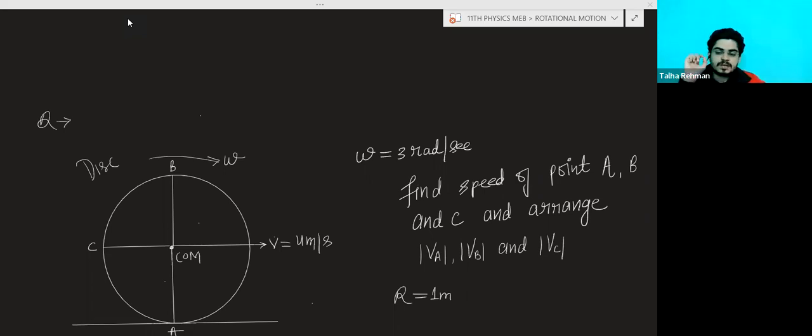Listen once more. Firstly a particle is moving 5 meter per second along north, after some time the particle is moving 5 meter per second along west. During the motion of the particle, is the velocity changing or not changing?